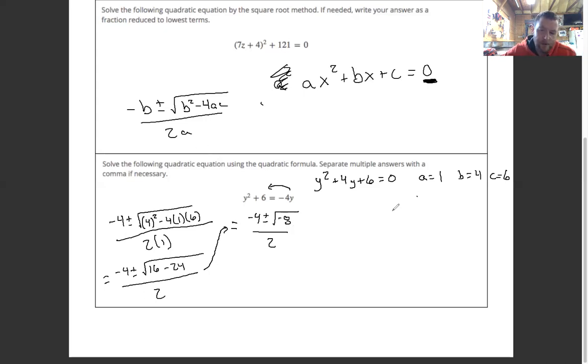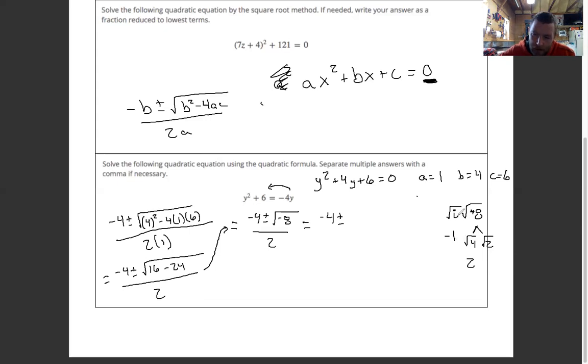I'm going to simplify the square root of negative 8 over here. Again, that's i. You got to pull that out, and that pulls the negative out. Then break down. So that's negative 1. Break down 8 would be the radical 4, radical 2, and the square root of 4 is 2.